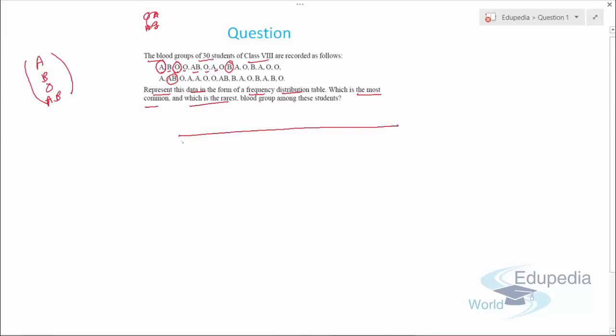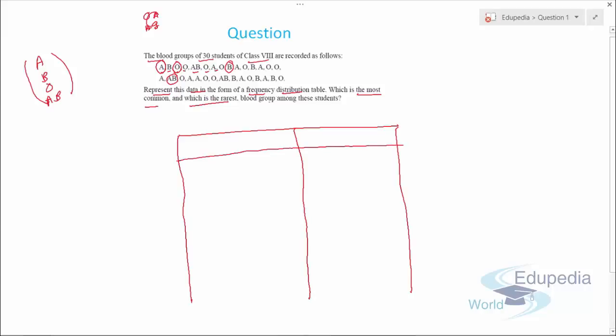Let's say we have a table like this, right? Now let's write over here blood group, and let's write over here the number of students, right?